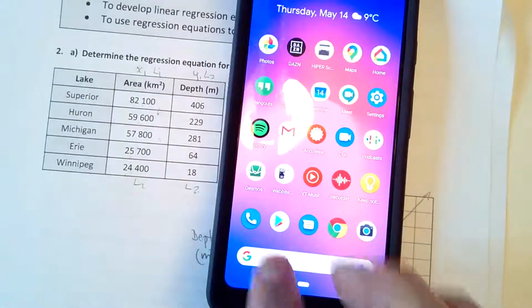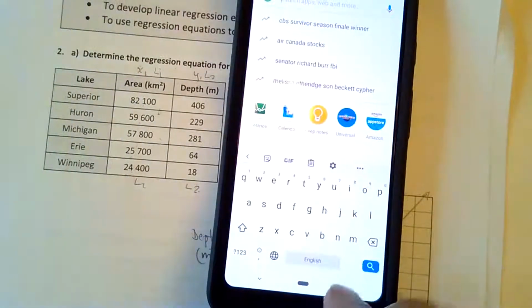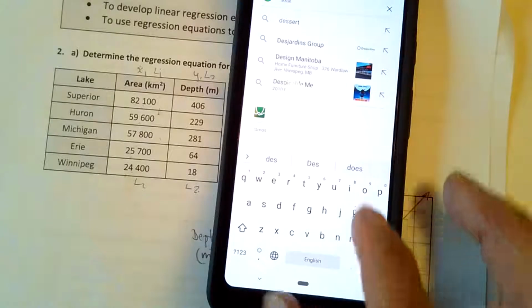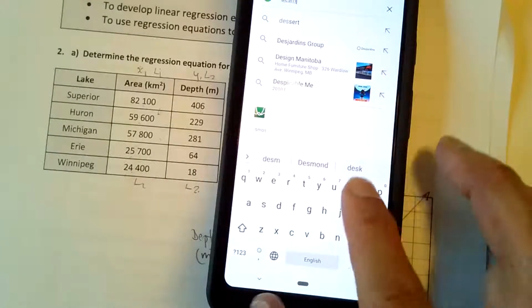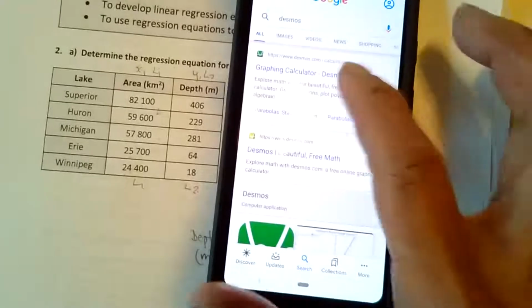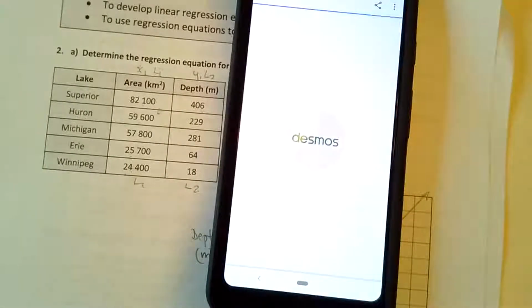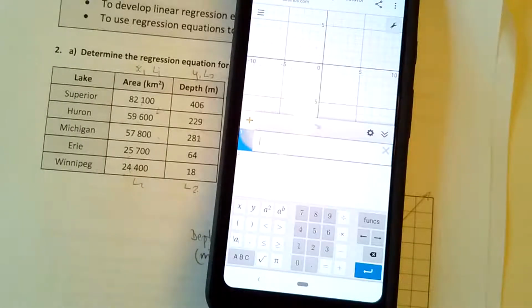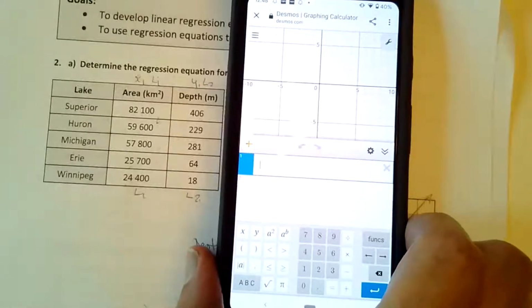Or if not, you can just go to your search in your phone and put Desmos, and you go to Desmos calculator. A slightly different interface compared to the iPad or the computer, because it's a smaller device.